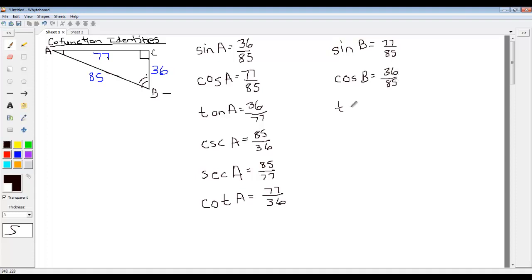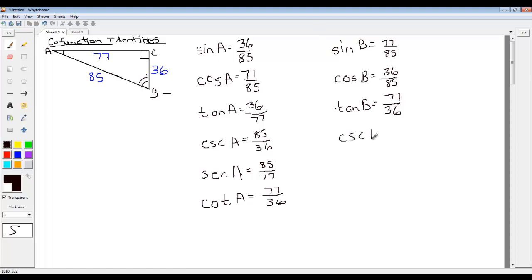And tangent of B, opposite over adjacent from B. So opposite would be the 77, adjacent would be the 36. There we go. And then let's do reciprocal identities. Reciprocal of sine is cosecant.